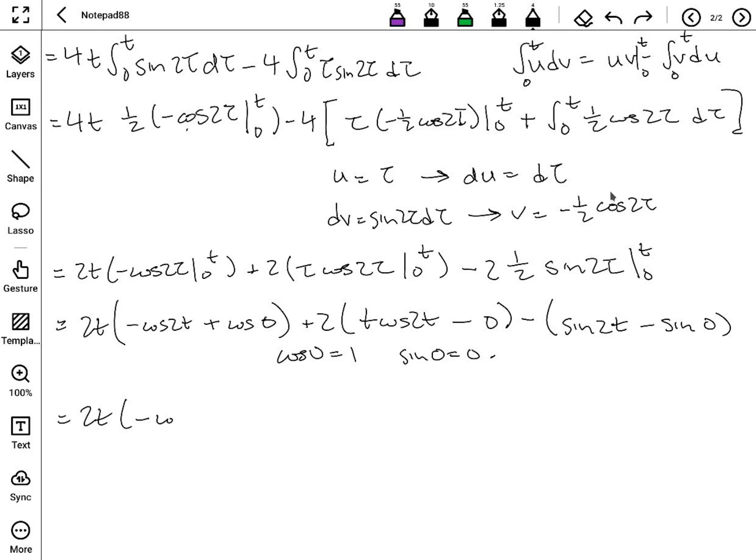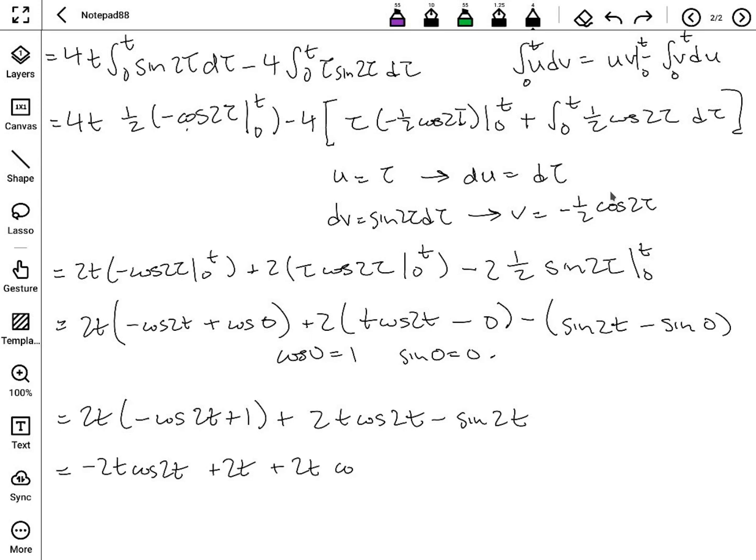So I've got minus 2t cosine 2t plus 2t plus 2t cosine 2t minus sine 2t plus sine 0, but sine 0 is 0. So this becomes 2t minus sine 2t.